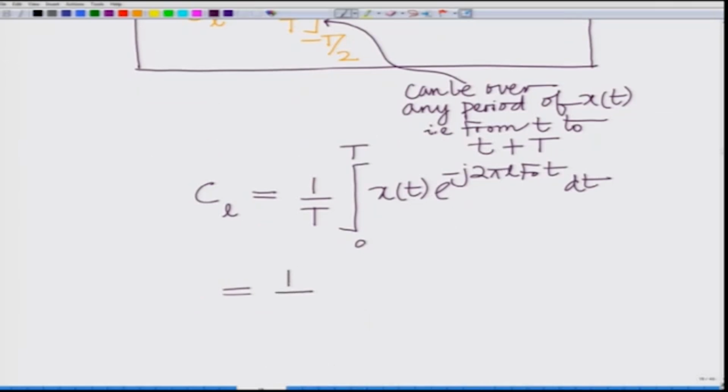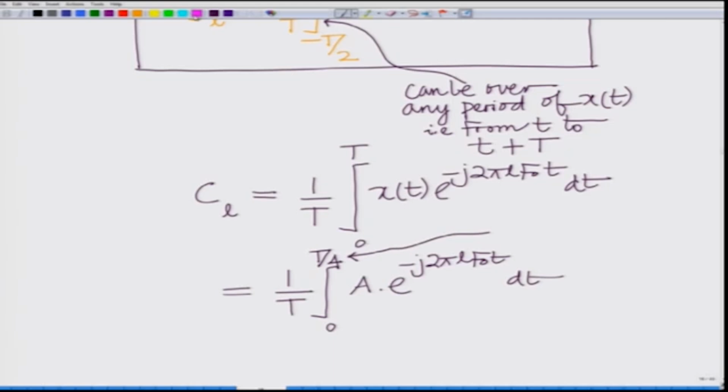So, I can replace this as 1 over T, because it is non-zero only in 0 to T by 4, A times e to the power of minus j 2 pi k f naught t dt, and we are now integrating up to T by 4 since the signal is non-zero only in 0 to T by 4.